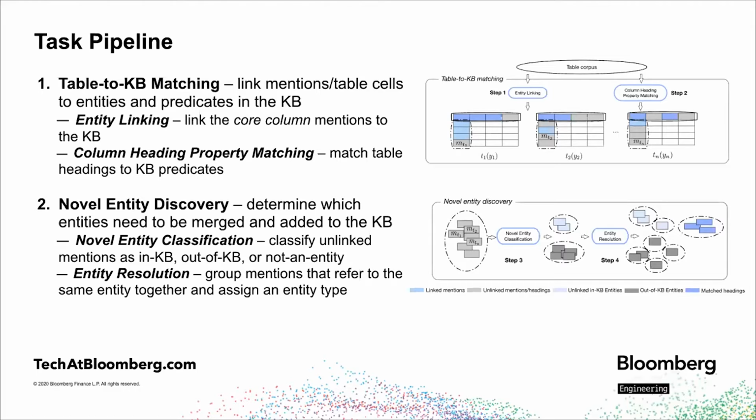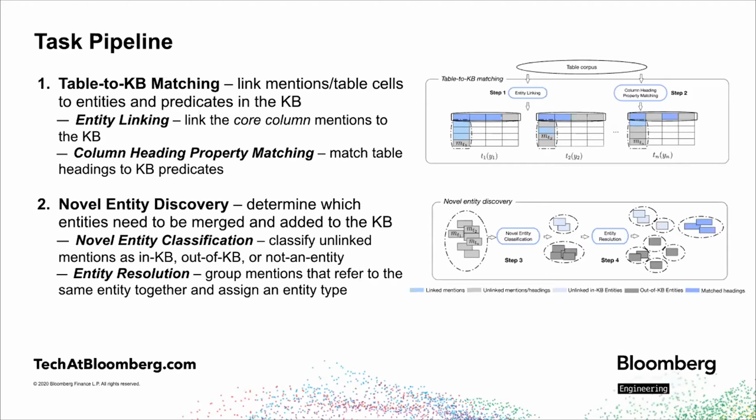So let's have a look at an illustration. For any relational table in your table corpus, we perform entity linking. We focus on the key column, trying to link the mentions in the key column to their correspondence in the KB. And we also do schema matching, finding the headings' corresponding predicates in the KB.